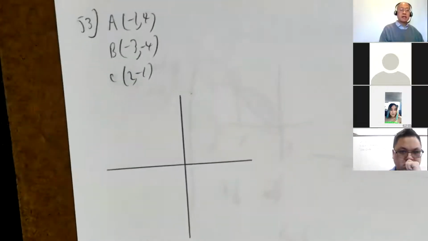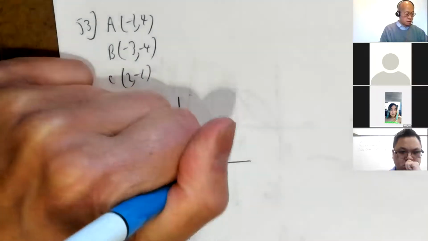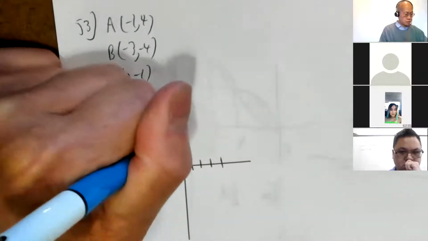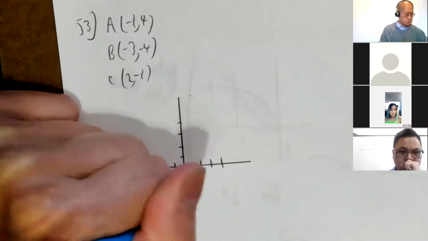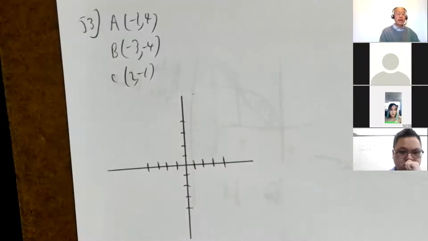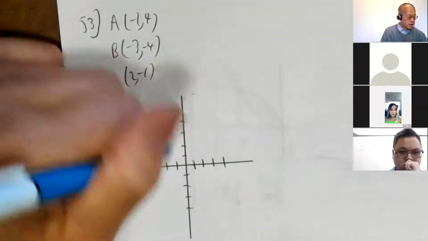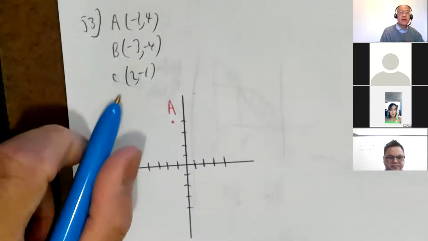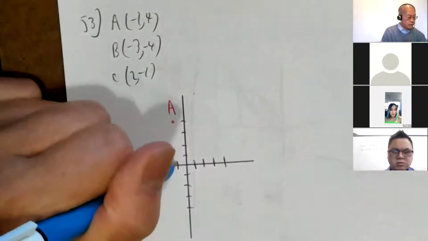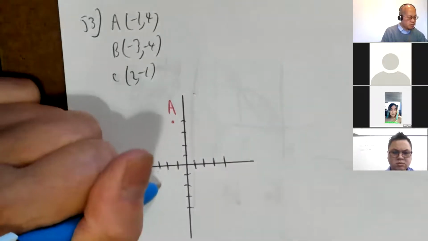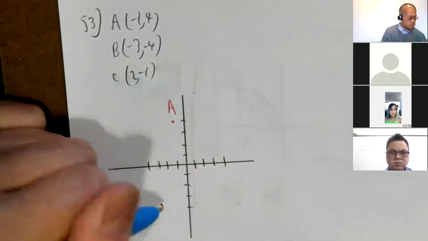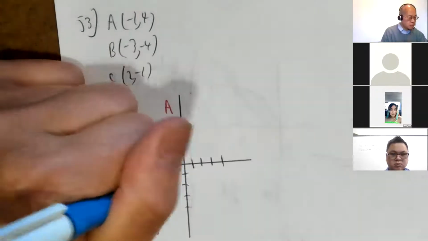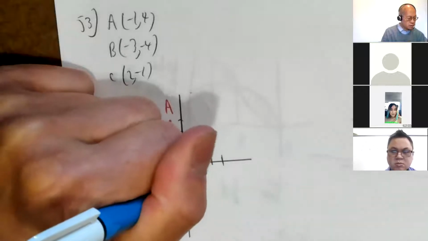All right, so let's plot these points. Negative 1, 4. Negative 3, negative 4. 2, negative 1.